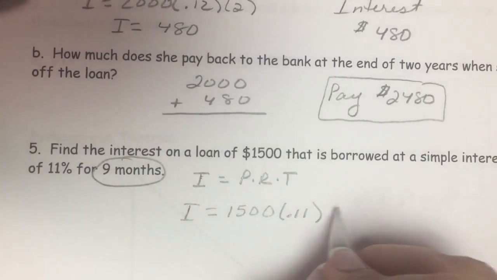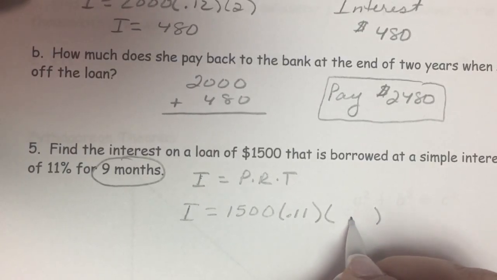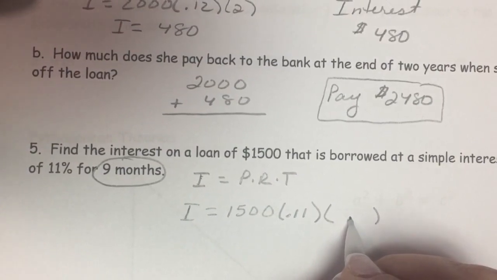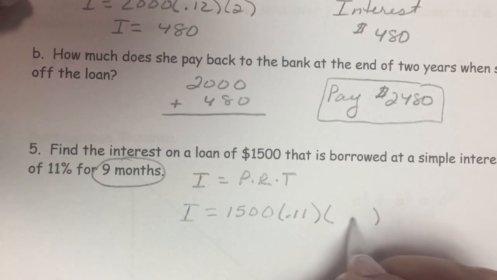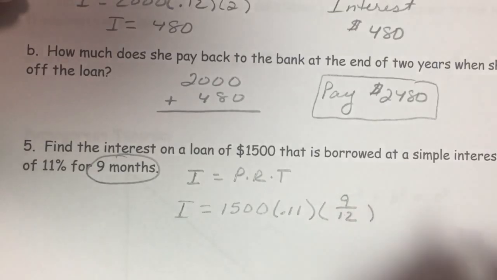Your time that we plug in has to be in years. If I plug in a 9 here, it means that I've borrowed the money for 9 years. That's not true. So whenever you're giving a part of a year or a certain number of months, you always take that number of months and put it over 12.